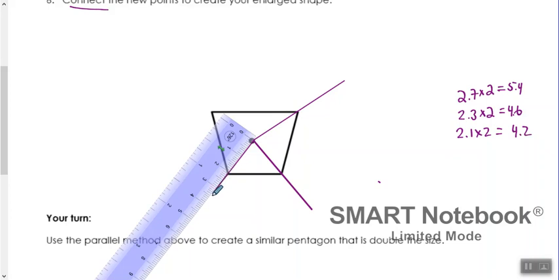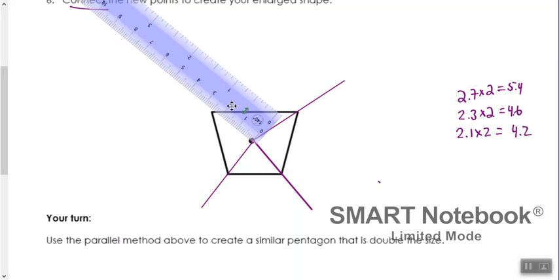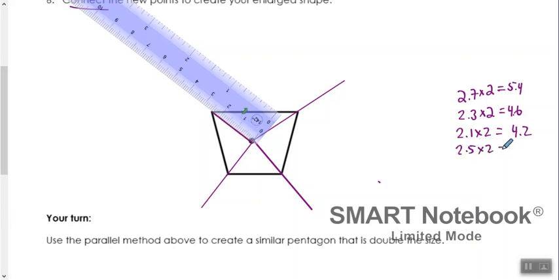So this line has to go all the way out to 4.2. And last line, from 0 to here. So 0 to 2.5. So 2.5 times 2, and we get 5. So this one has to go all the way to 5.